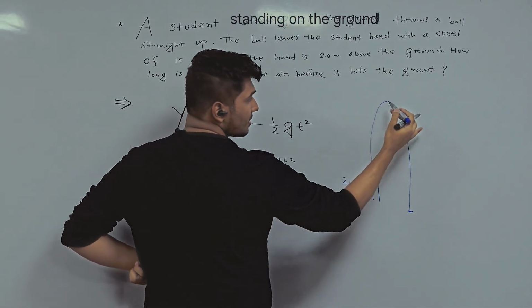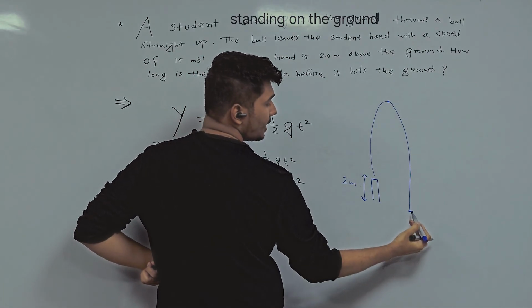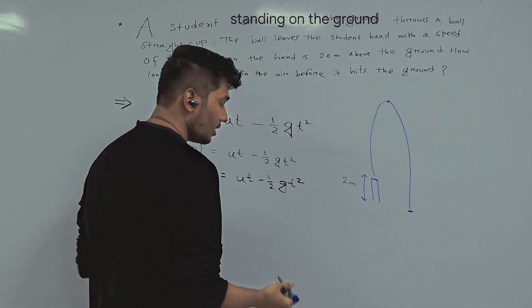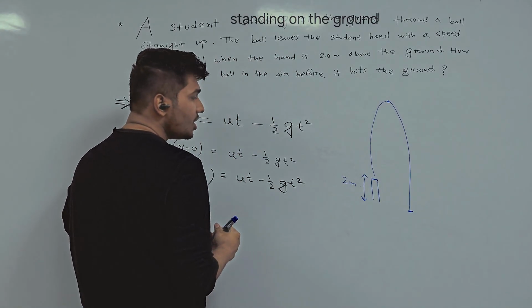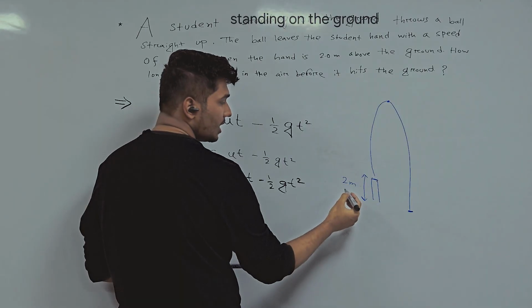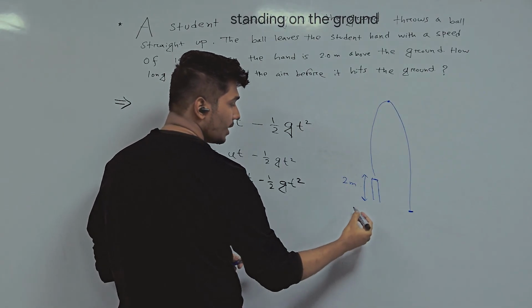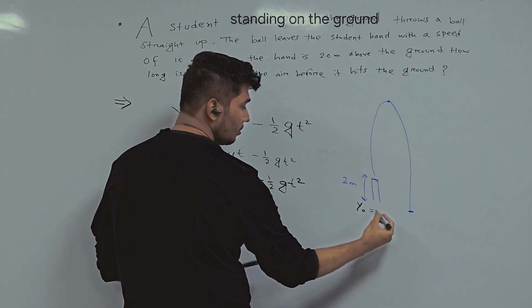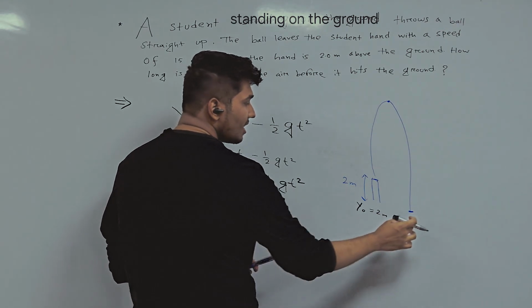And the thing is, it went to the maximum height and it again landed on the ground. So if we see what was the initial height given, the initial height given was 2 meters. So we can write y naught is equal to 2 meters. And what is the final height?